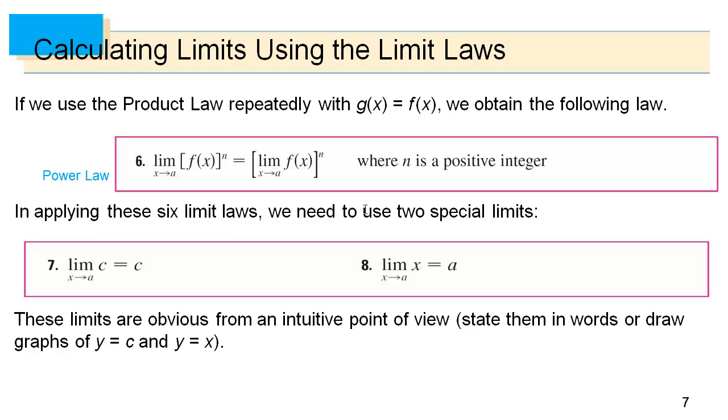With the product law, the fact that we know the limit of f times g is the same as the limit of f times the limit of g, we can expand that. Instead of saying the limit of f times g is the limit of f times the limit of g, what if they were both the same?